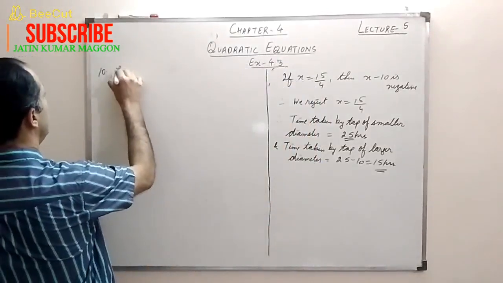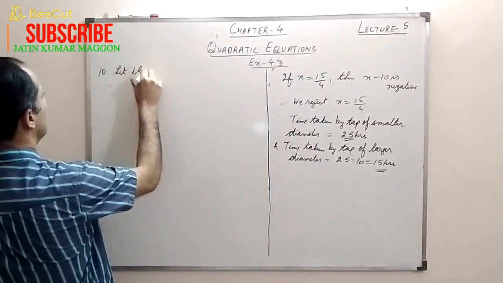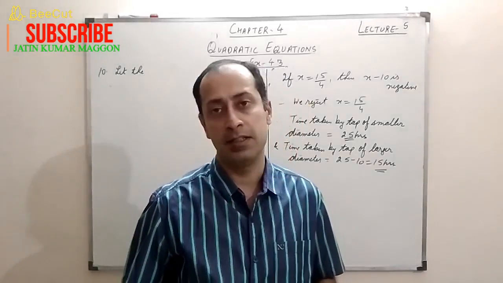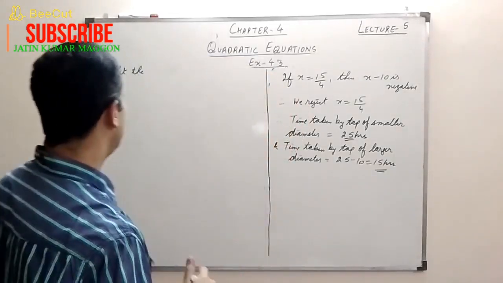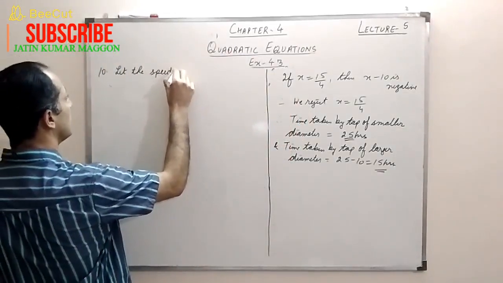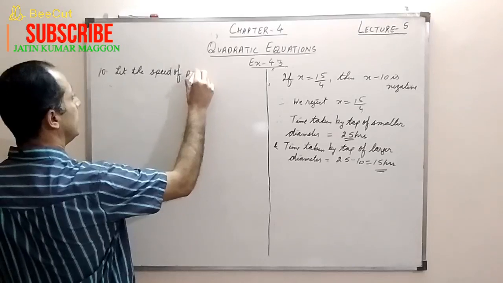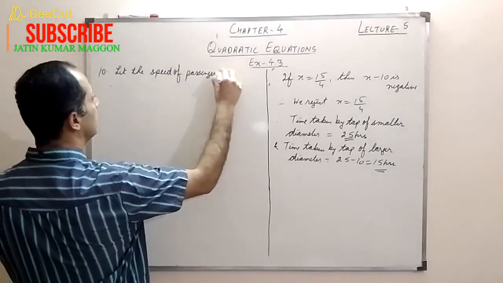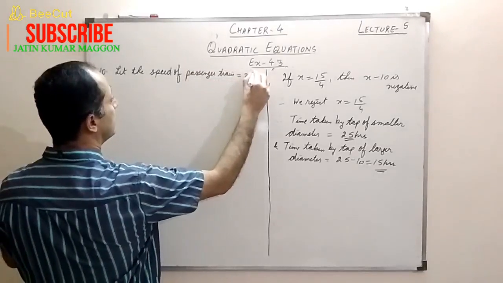Let the average speed... So the two trains which are given to us, one of the trains is express and the other one is a passenger train, right? So I suppose let the speed of the passenger train be x km/h.